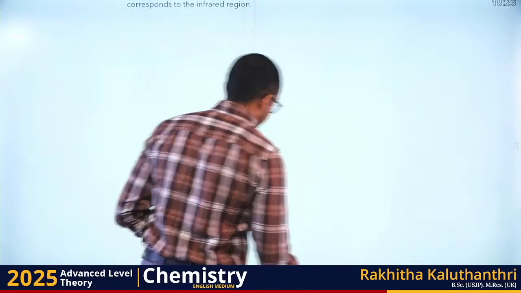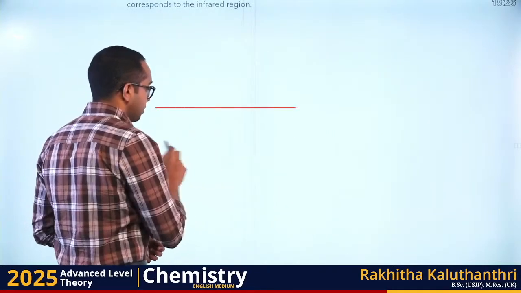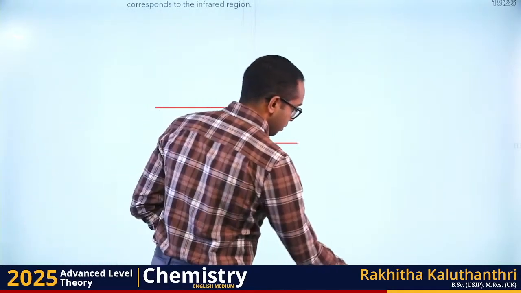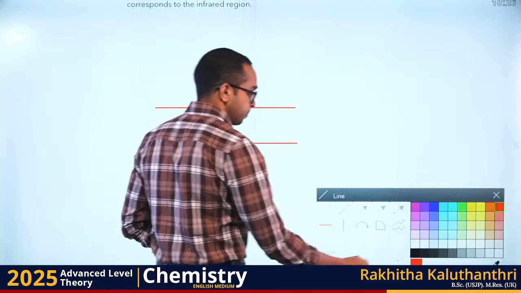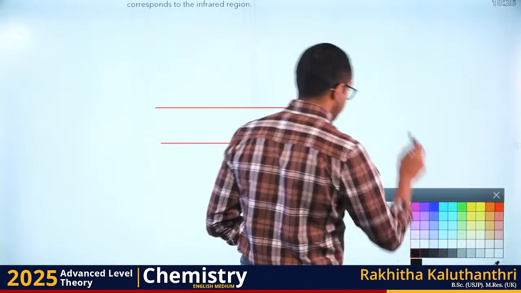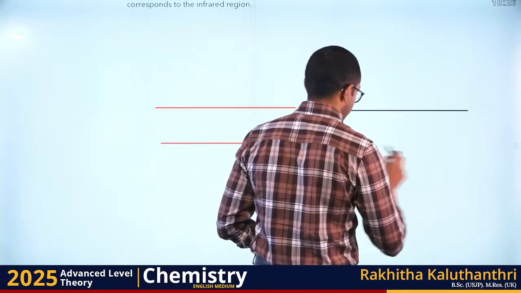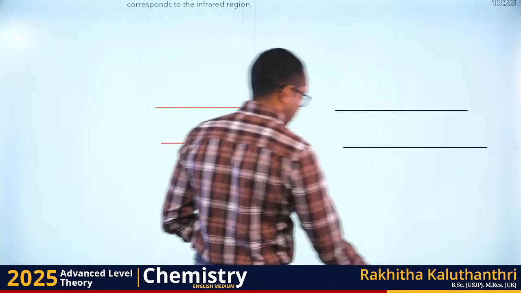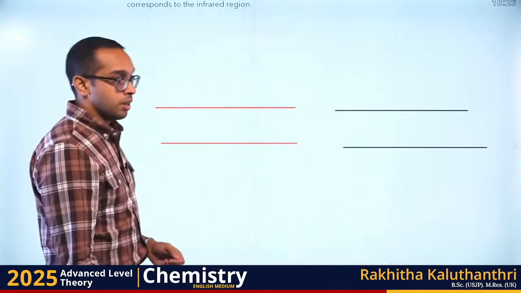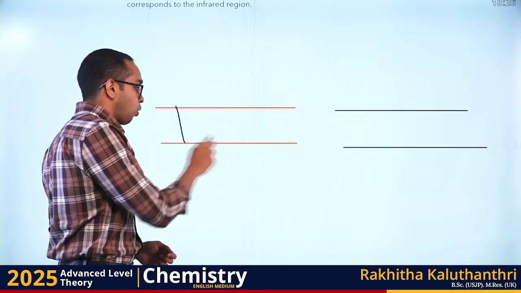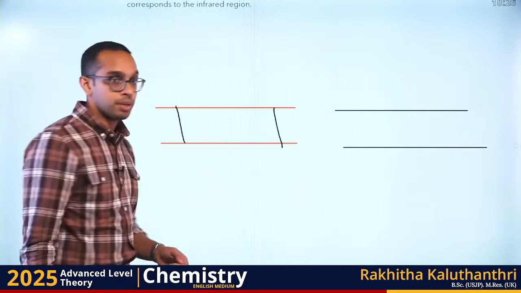Now a continuous spectrum is when you have a range of radiation where all of the wavelengths are present.